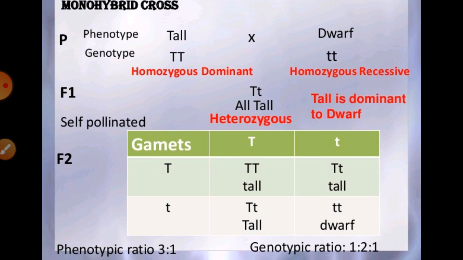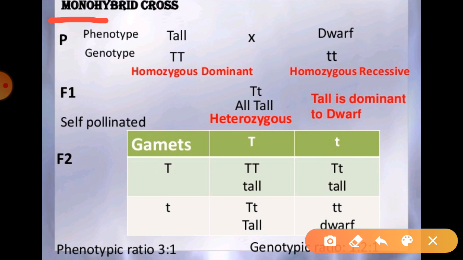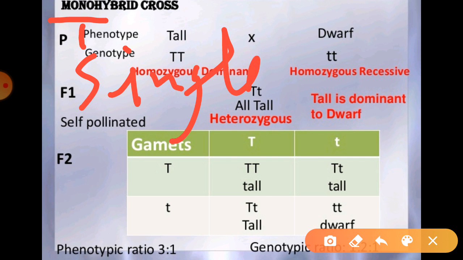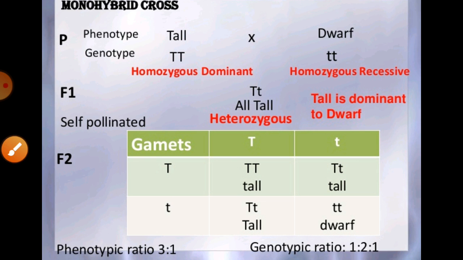After that we have to talk about the monohybrid cross. Mono means single. Whenever we cross single characters, in that particular condition it is known as a monohybrid cross.